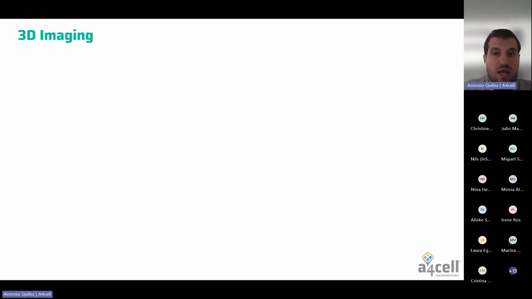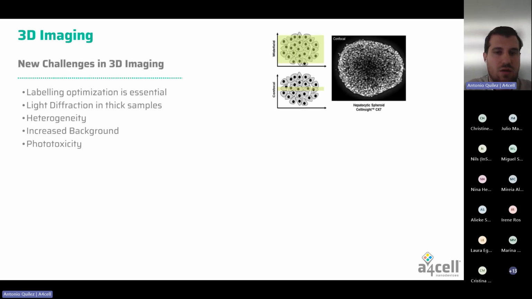So regarding the imaging, when moving to 3D applications, it's important to have in mind that new challenges arise. As you can see here in the image to the right, when working with a microscope, it's important to note if we're working with wide field or confocal, and we are imaging at different planes and obtaining a clear image of this sample.